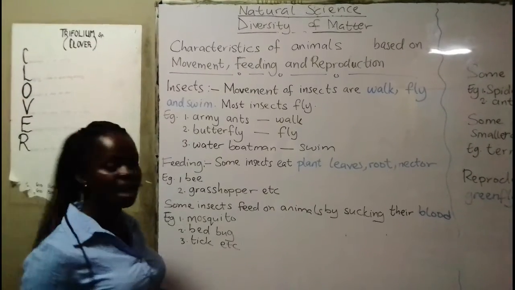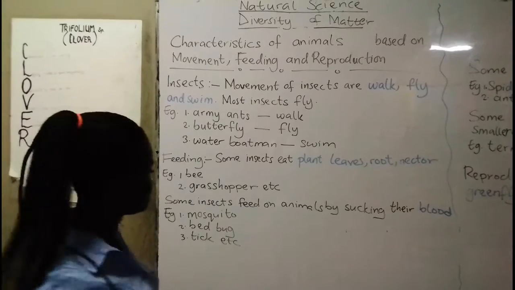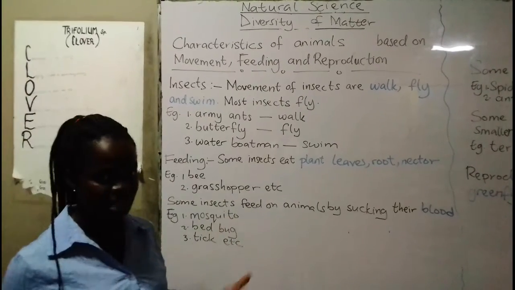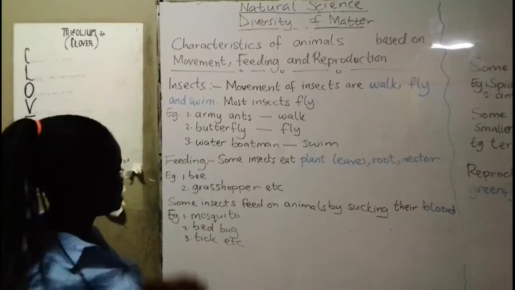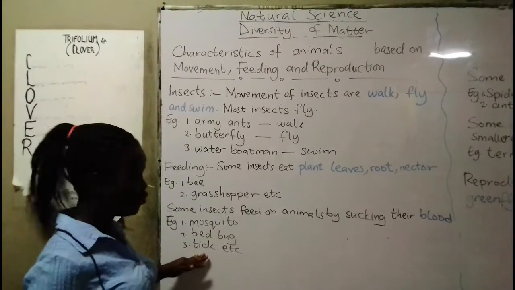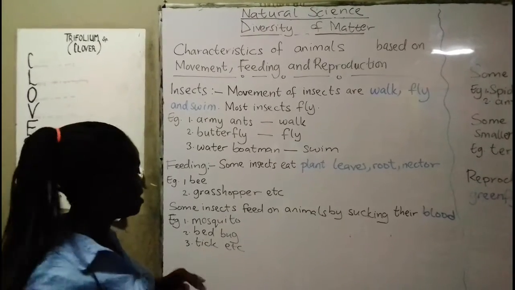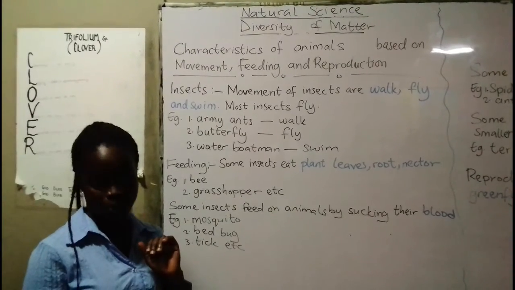An example, we have mosquito that is always disturbing us around our homes or any other area that we find ourselves. And then we have bed bug, and we have tick, which is mostly found on the skin of dogs.